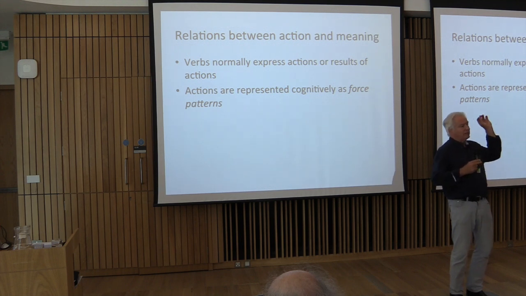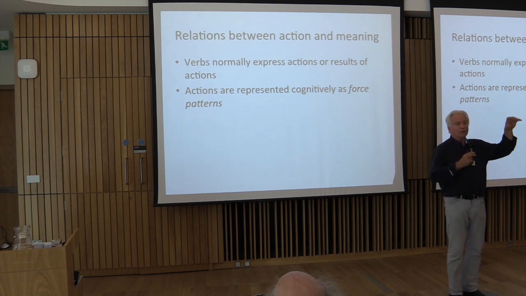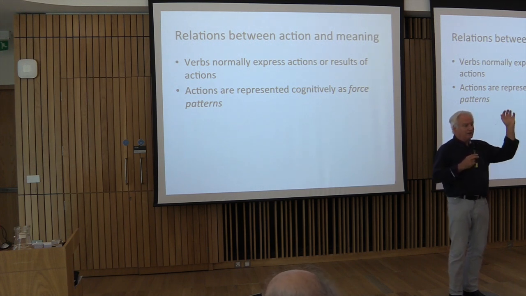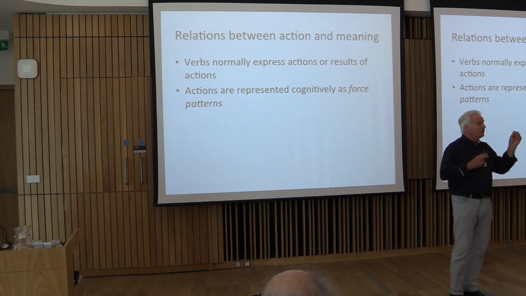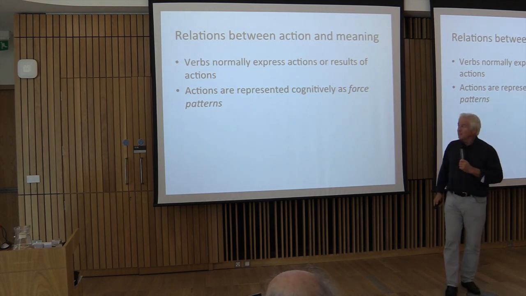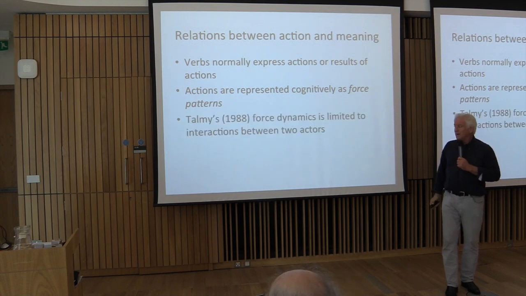When I throw, it's a pattern of movement of my arm. Throwing is different from waving. You saw waving and you saw throwing. We can identify it because it's a different pattern, even if it involves the same basic movements of my arm. The force pattern is different in waving and in throwing. So I don't have a very precise definition of what a force pattern is, but I have some ideas.